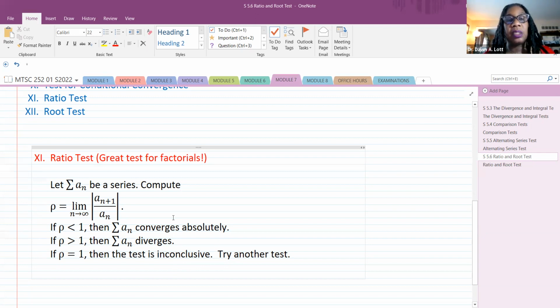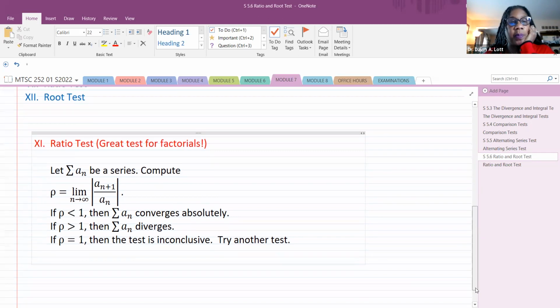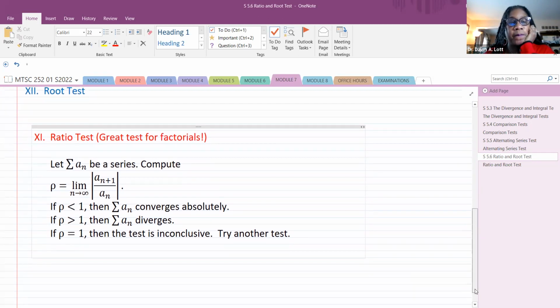So the ratio test is very similar, and it actually comes from the geometric series test. And the only difference between this and the geometric series test is what? What is the difference between this test's conclusion and the geometric series test in terms of rho and r? Can anybody see what's different? When does the geometric series converge?